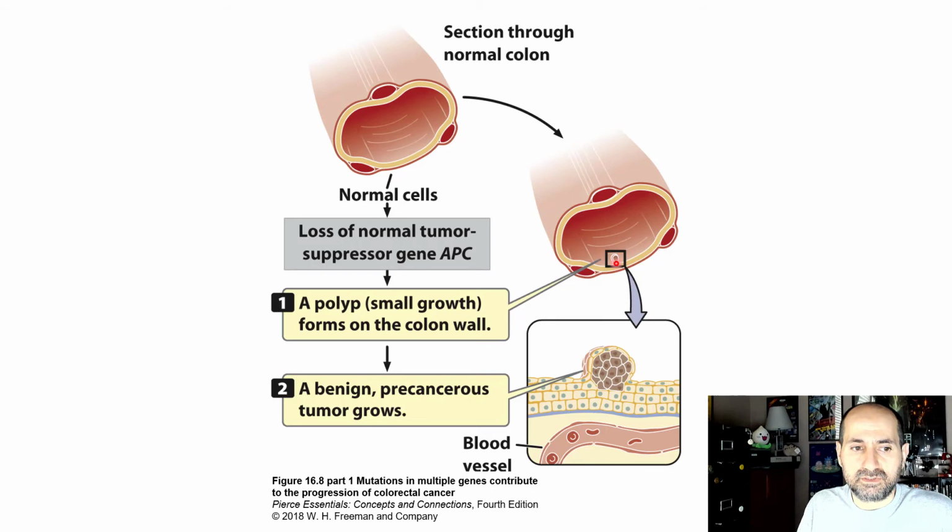And this is called a polyp, and it's just benign. It's sitting there. It's a cell that's incurred one mutation. It's not going to be full-fledged cancer. All right, it's just a little polyp, just a little bit of proliferation going on. So a benign precancerous tumor grows. And here you go. Here's your little precancerous ball of cells with a single mutation in the tumor suppressor gene APC.